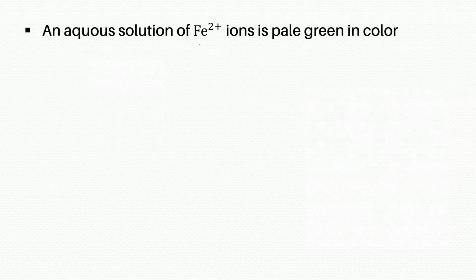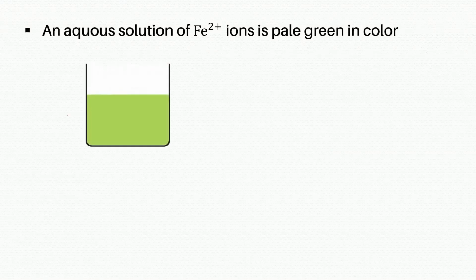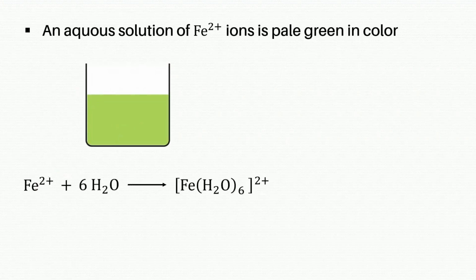Then the aqueous solution of Fe2+ ions is pale green in color. This is the color of the solution. Fe2+ ions also form a complex like this with water molecules in the aqueous solution.